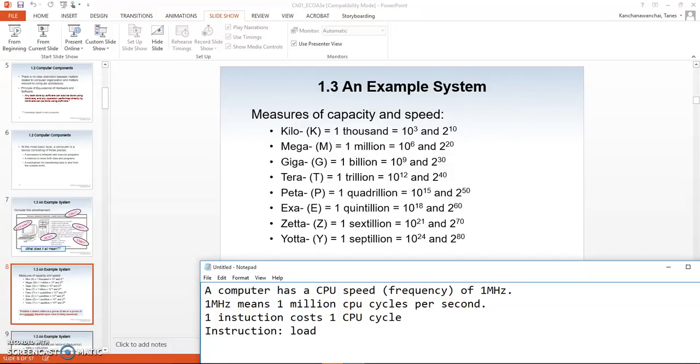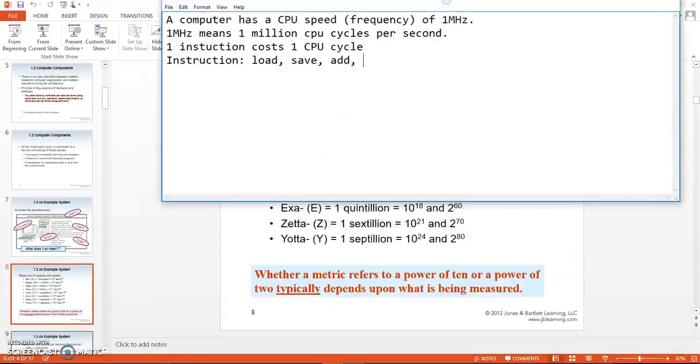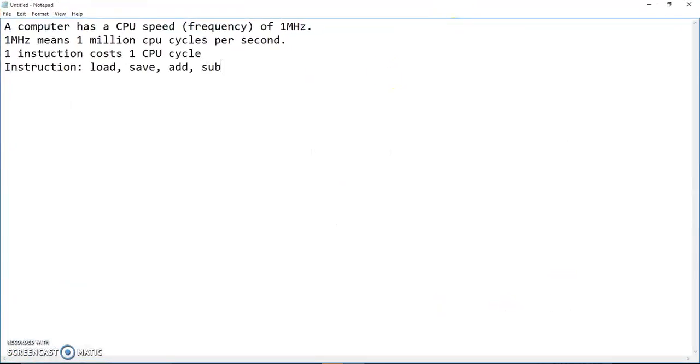Now when I say one instruction, an example could be load, like you open the program, save the program. Add, addition, subtraction, multiply, divide. So those could be instructions.